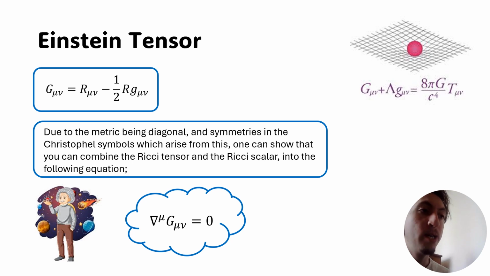At the top, in pink, we have the Einstein tensor, and then an additional term before our equal sign, which corresponds to the presence of dark energy.